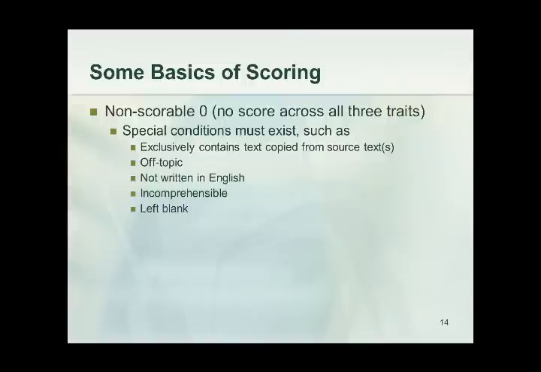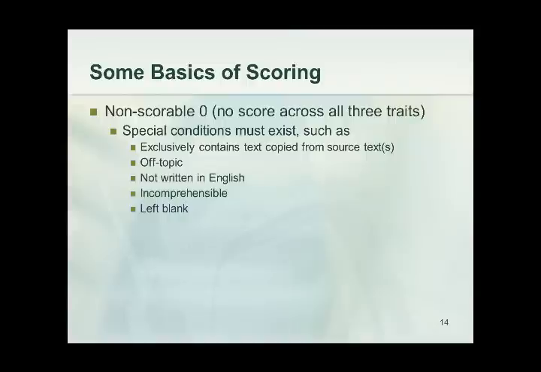Very definitely. So let's look at a few basics of scoring, just a reminder of what these are. If students get a non-scorable 0 on their writing sample, it really does mean that special conditions exist, such as they've either copied text exclusively from the source text, or they've been totally off topic, or since they were taking it in English, they didn't write their response in English, or if they took it in Spanish, they didn't write their response in Spanish.